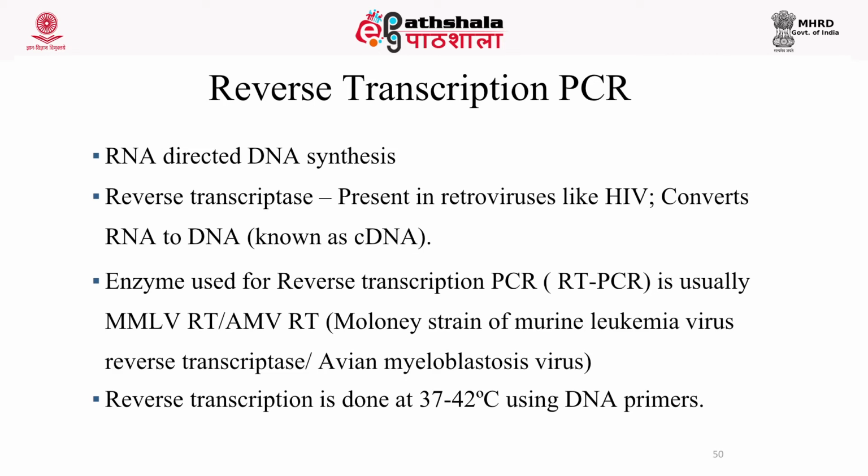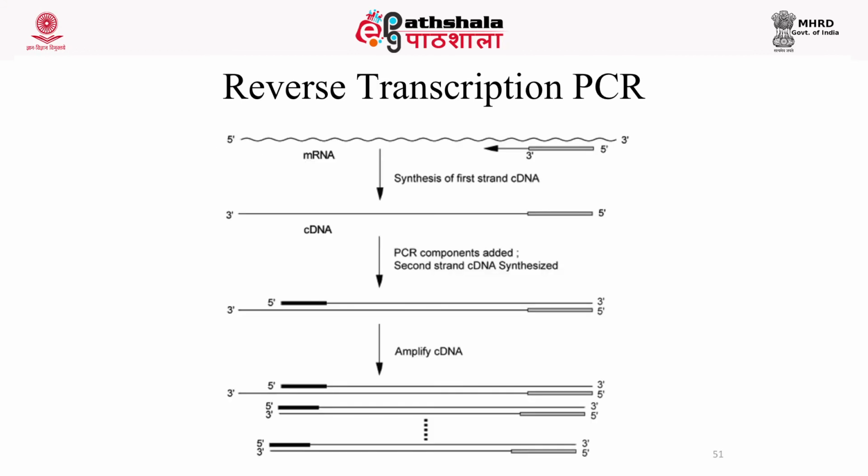The reverse transcription takes place at a temperature of 37 to 42 degrees centigrade and DNA primers are used for reverse transcription PCR. In this figure, you can see the procedure of reverse transcription PCR. You can see how the synthesis of the first strand of cDNA happens and mRNA is converted into cDNA with the help of reverse transcriptase enzyme.